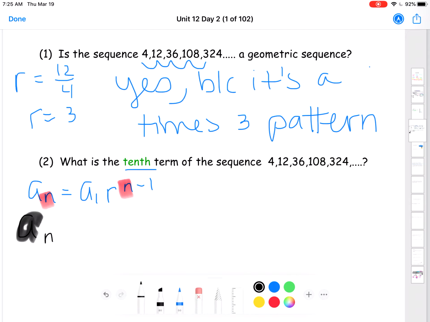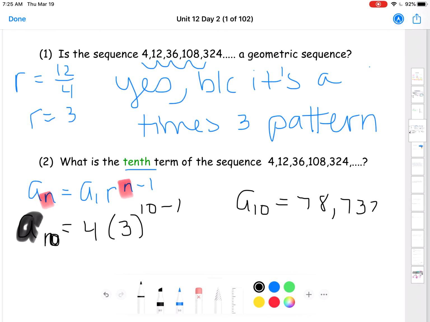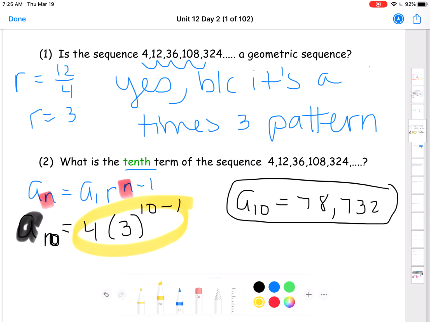So a sub 10 equals the first term times the common ratio to the 10 minus 1, so we can make that a 10 right there. And a sub 10 is going to equal 78,732. Please make sure you guys are using your calculators to plug all of this in. You got to be practicing.